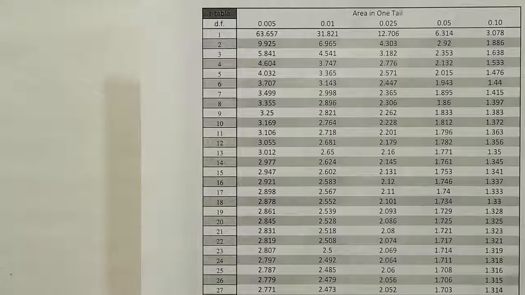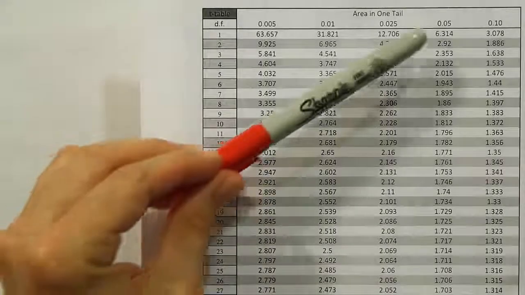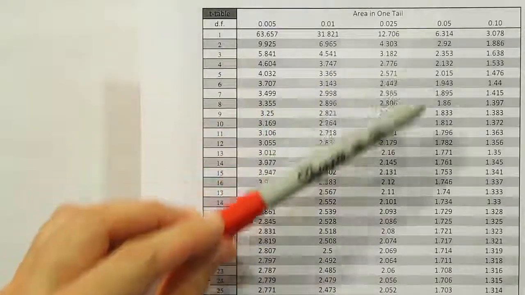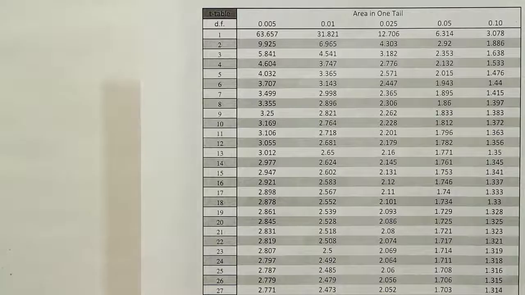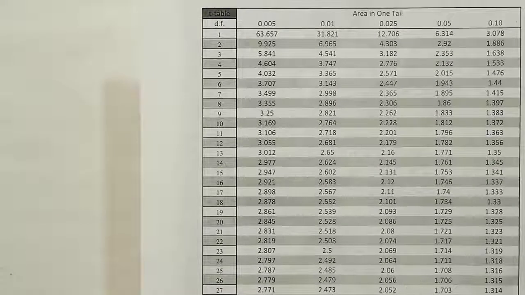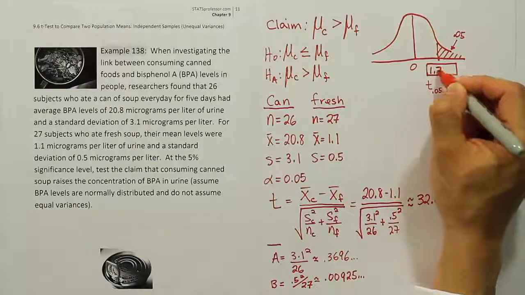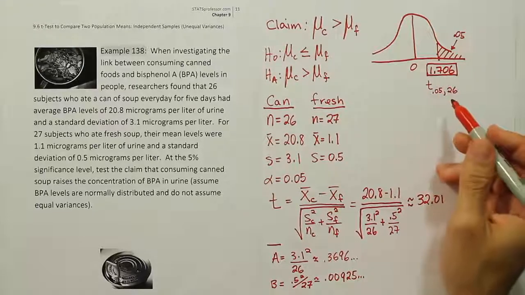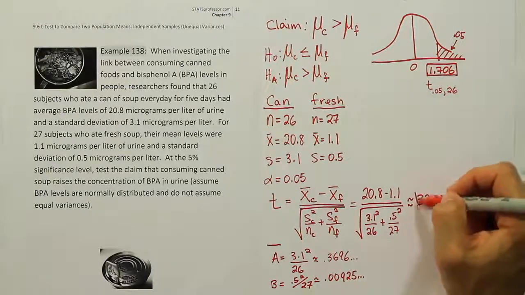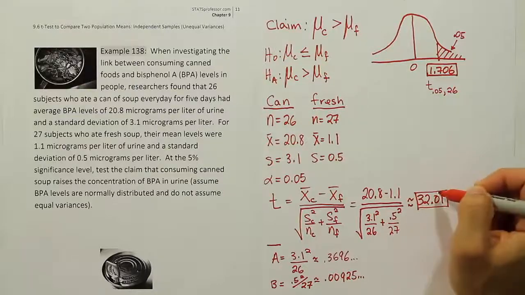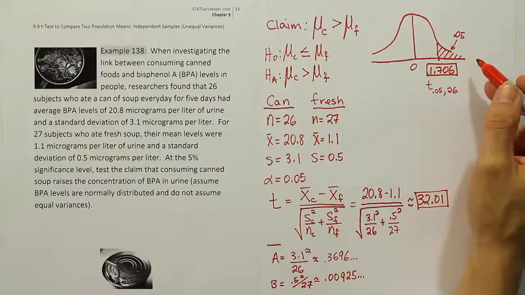In the 0.05 column, at 26 degrees of freedom, the value is 1.706. So we found the answer: 1.706 is our critical value.